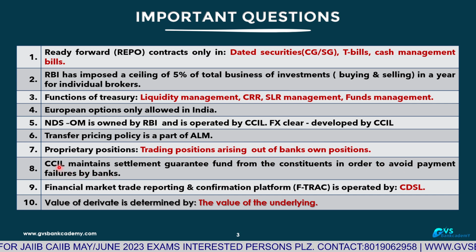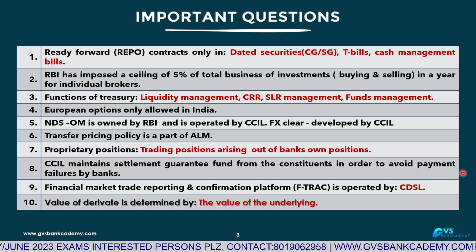By collecting part of the amount in advance from the members and constituents, it creates a settlement guarantee fund, and because of this fund, settlement failures and payment failures in CCIL are avoided.